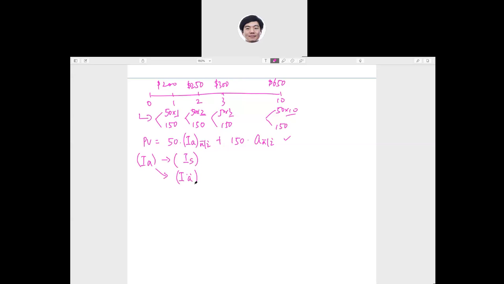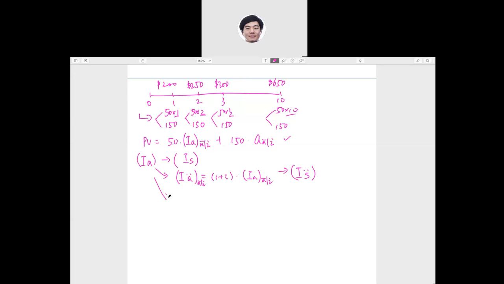So everything behind annuity due, it's simply 1 plus i times the corresponding IA. That's it. And then you'll get the result, right? Once you know I double dot A, I can get IS double dot. So those are really trivial. As long as you know the standard, the rest, times by a factor, discount by a factor, I don't think that's going to be an issue.